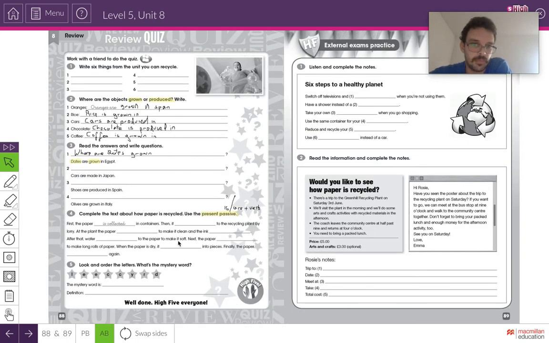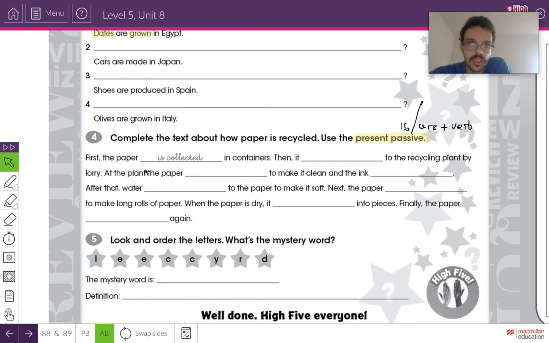I'll give you the next one, for example. First, the paper is collected in containers, then it, remember that second step? Again, just look in your notebook.